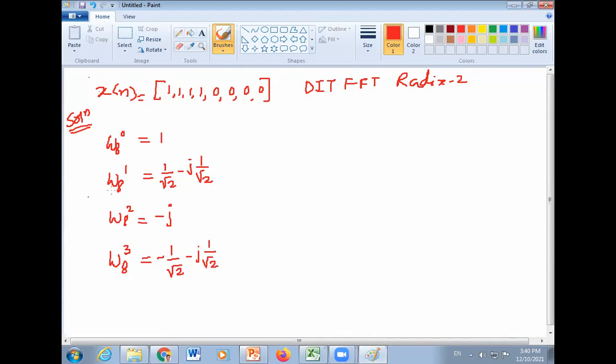Now, the further 4 values, how are you going to write them? Complex conjugate. It's the complex conjugate. Where will the complex conjugate come now? -1. W8 to the power 4 will become -1. W8 to the power 5 will be equal to what?